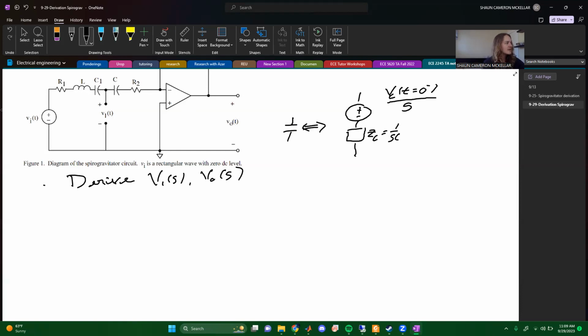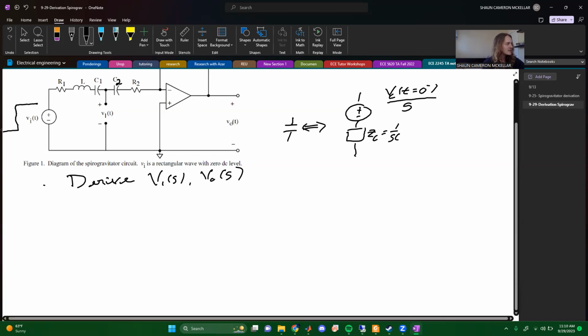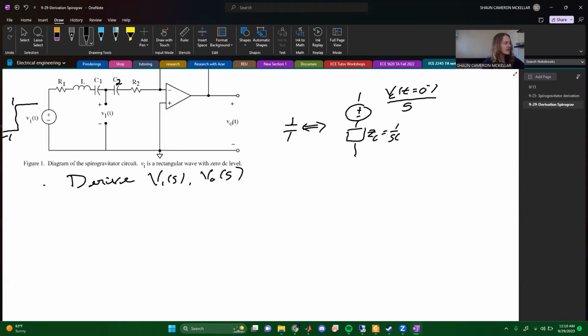Before we move on, let's continue to look at this capacitor. We've separated it into C1, and I'm going to label this C2. We are told that the time input of the circuit is this 2 volts peak to peak square wave, where the low is -1 and the high is +1.